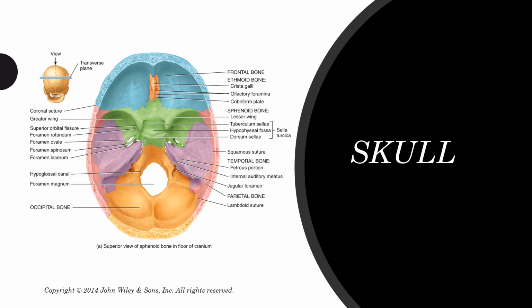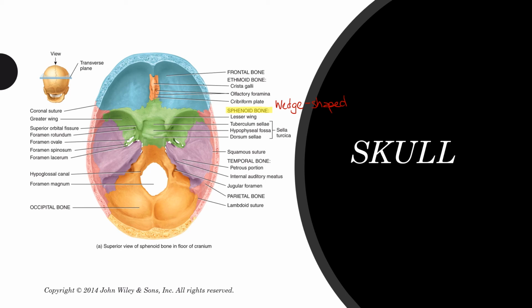The sphenoid bone, you can see it here in green. Sphenoid means wedge-shaped, because it looks kind of like a wedge. This lies in the middle part of the base of the skull.